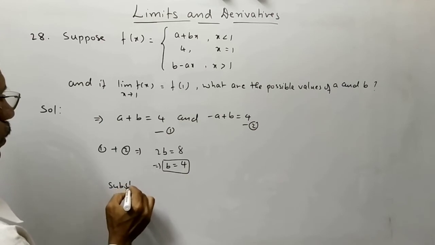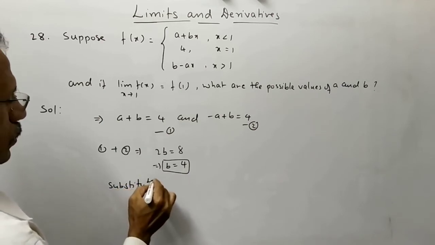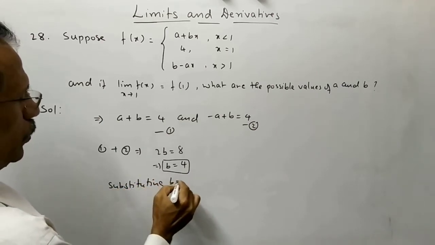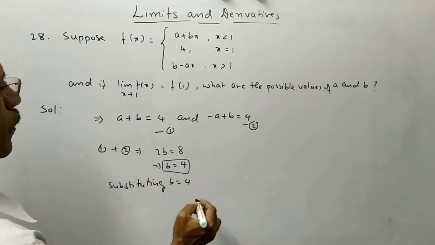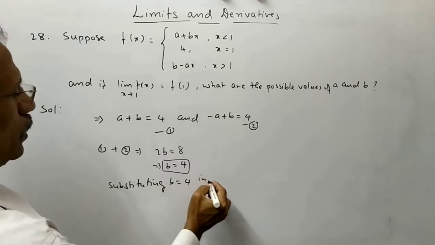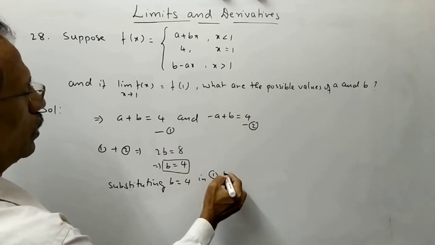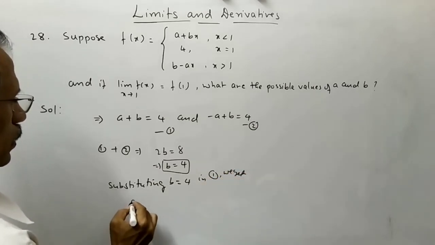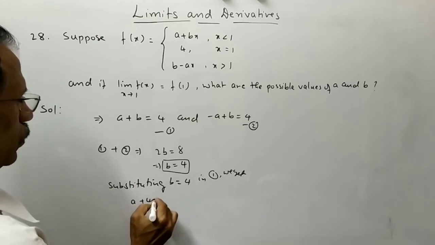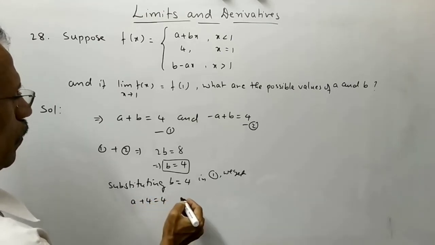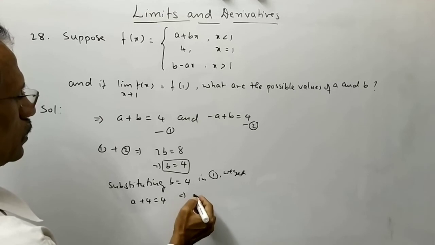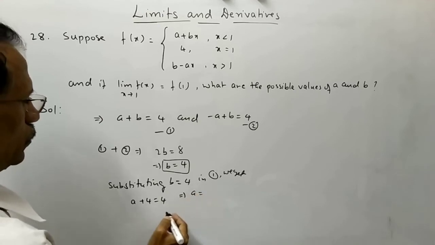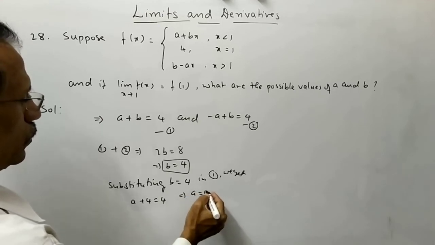Substituting b is equal to 4 in 1, we get a plus 4 is equal to 4. This implies a is equal to 0.